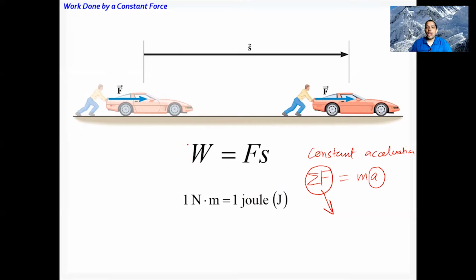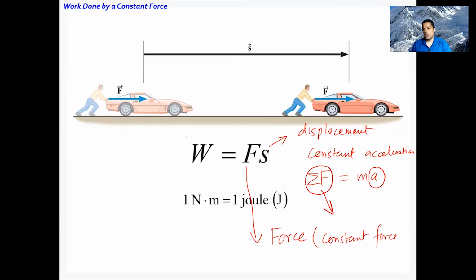As you know from high school, work done is given by force times displacement, where F is the force and S is the displacement. In our case, we're talking about work done by a constant force, and the force should be in the direction of the displacement.